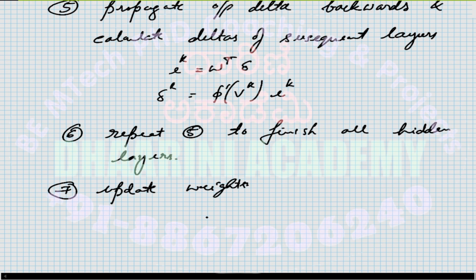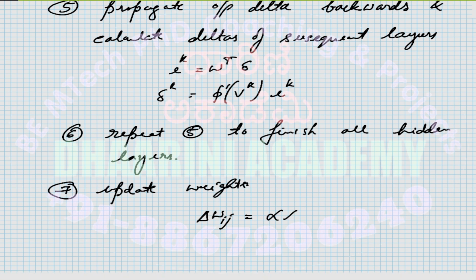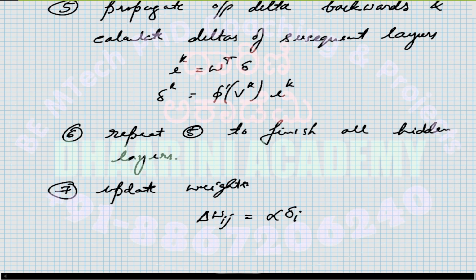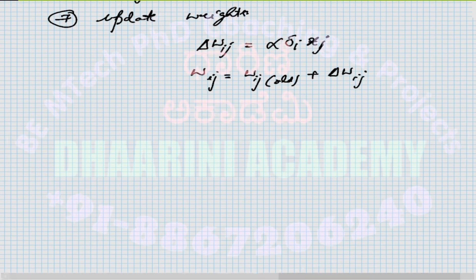First calculate delta W_ij equal to alpha into delta_i into x_j. Then W_ij is equal to W_ij, the old value, plus delta W_ij.